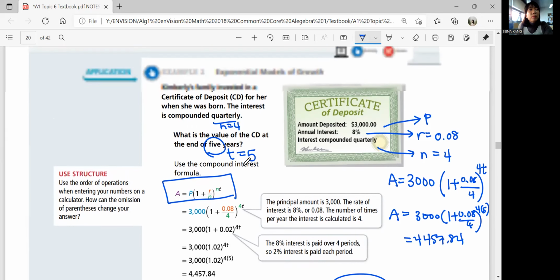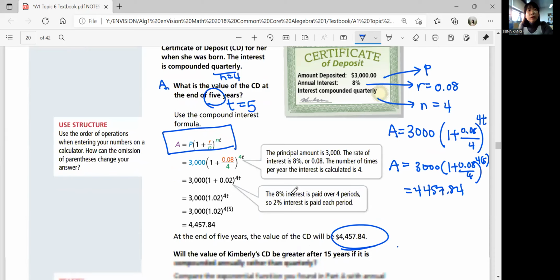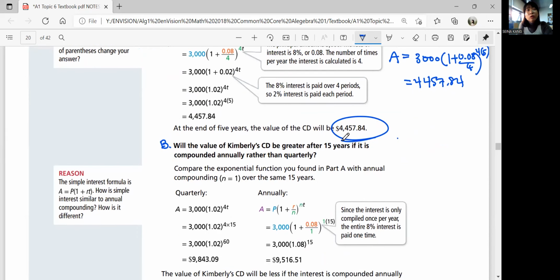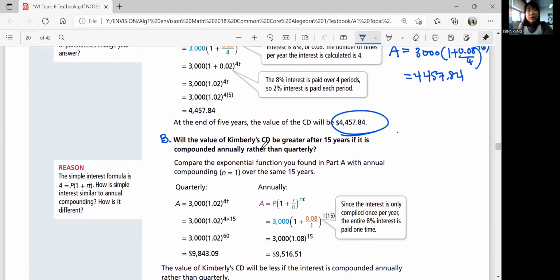Okay, that was part A. In part B, will the value of Kimberly's CD be greater after 15 years if it's compounded annually rather than quarterly? So you can compare the exponential function you found in part A with annual compounding for the same 15 years.